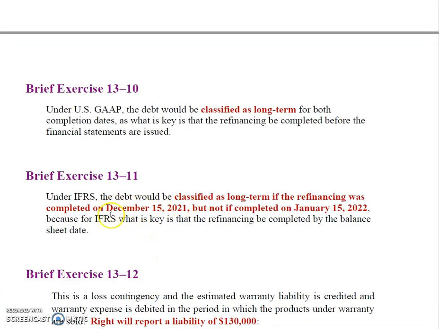So, under IFRS, the debt would be classified as long-term if the refinancing was completed on December 15th, but not if completed on January 15th, because for IFRS, what's key is that the refinancing be completed by the balance sheet date. So January completion of the refinancing agreement would cause the debt to be classified as current. Okay, we will stop there and pick up on the next video from that point.